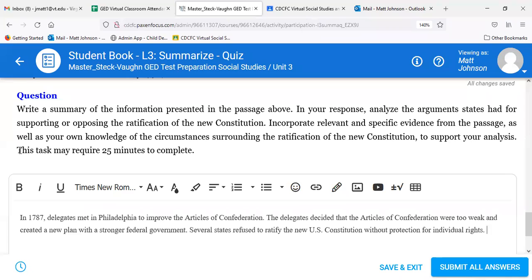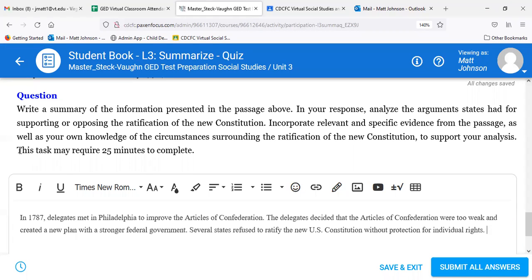So what we've got so far is in 1787, delegates met in Philadelphia to improve the Articles of Confederation. The delegates decided that the Articles of Confederation were too weak and created a new plan with a stronger federal government. Several states refused to ratify the new U.S. Constitution without protection for individual rights.